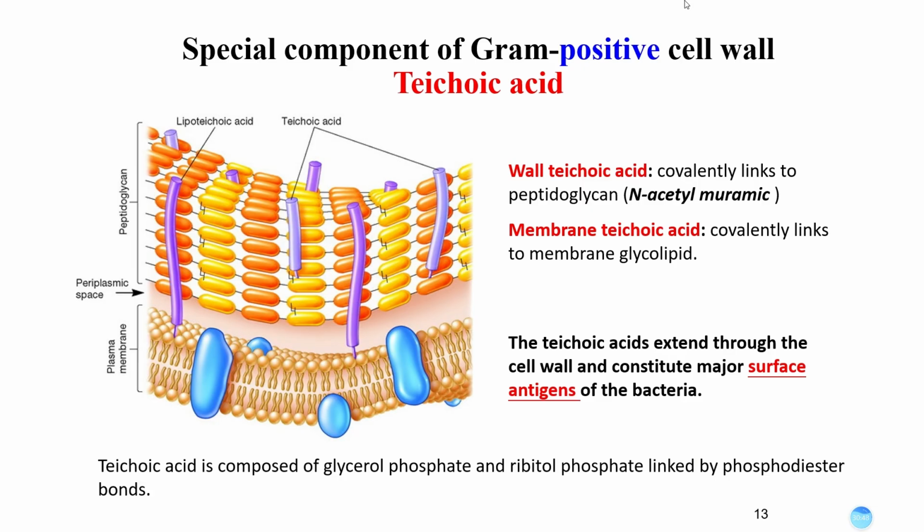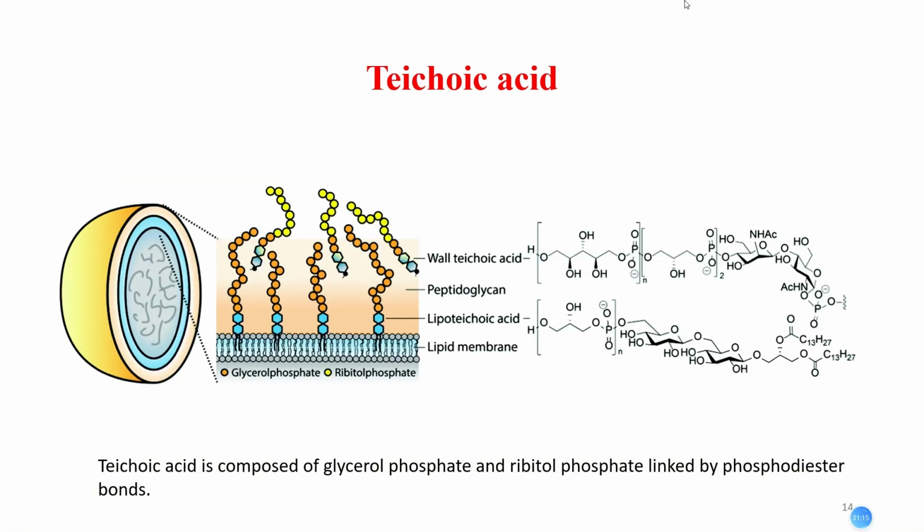That's not hard to understand because they extend out of the cell, so they are exposed to the immune system, so that your immune system can react to these components to make either antibodies or stimulate immune cells like T cells. So that's the surface antigens. Okay, this is gram-positive. You don't have to remember this one, just to show you how they look.